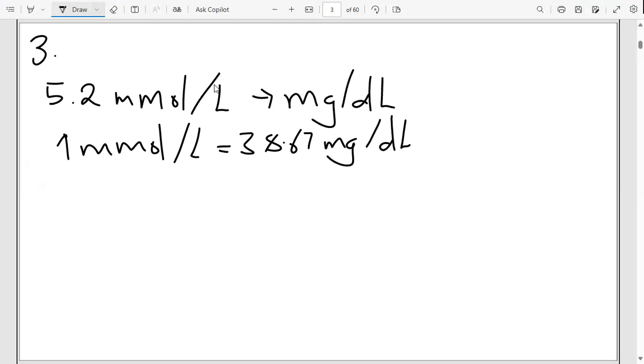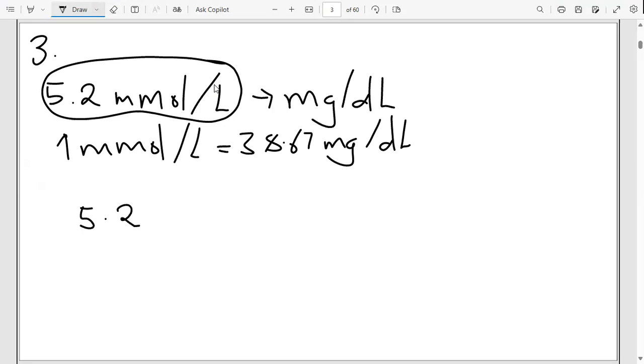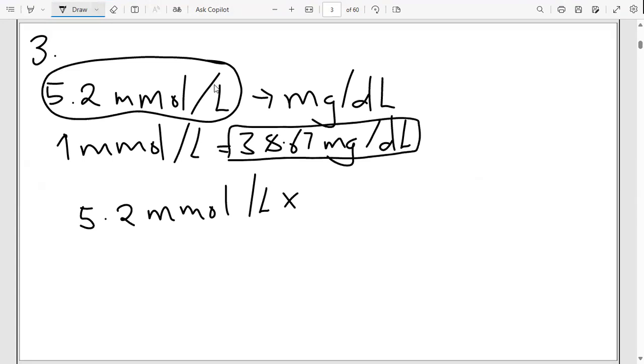We are going to multiply the number of millimoles that we are trying to convert by the conversion factor that they've given us. So I'm going to say 5.2 millimoles per liter multiplied by 38.67 milligrams per deciliter.